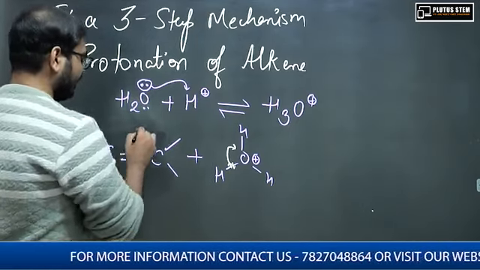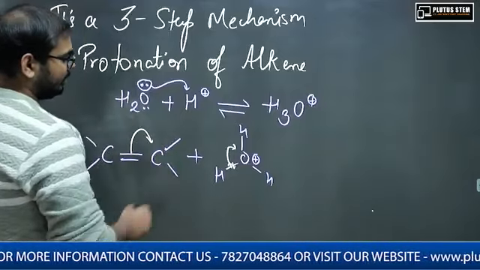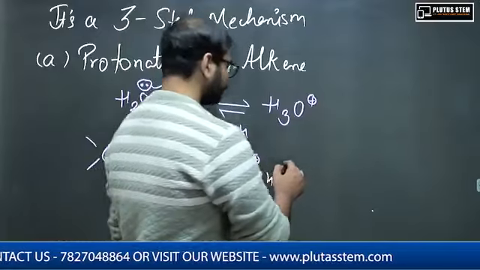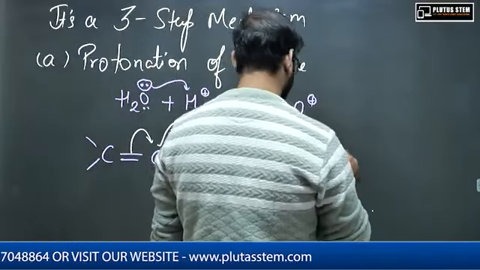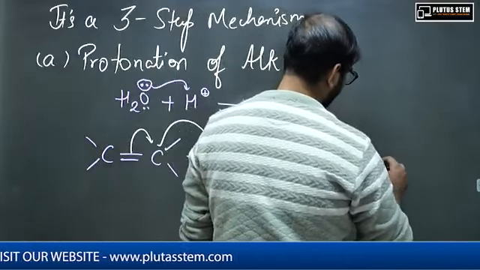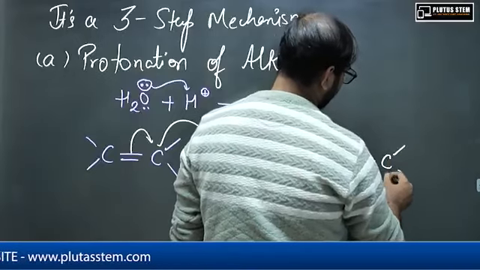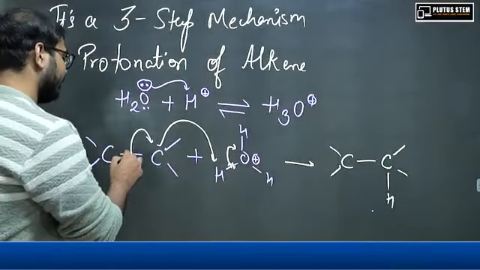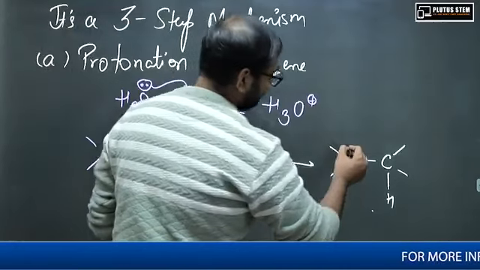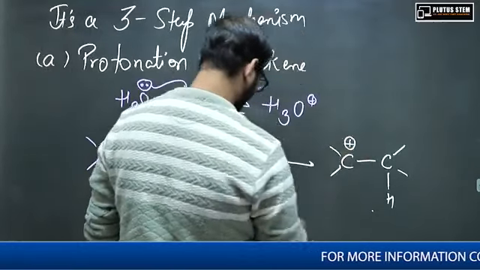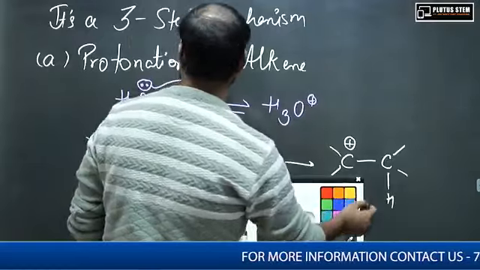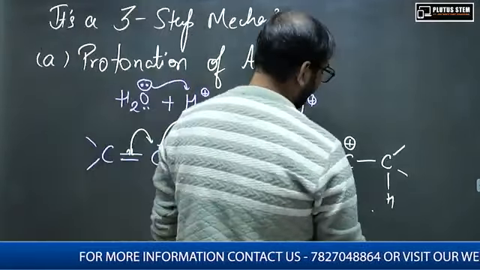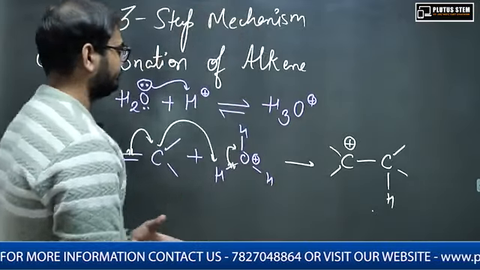So here, the alkene carbon will take up the electrons and attack the H plus, forming carbon-H bond. Since the electrons of this bond were taken by another carbon, this leaves behind a carbocation. And this particular step is called protonation of alkene, or we simply call it protonated alkene.